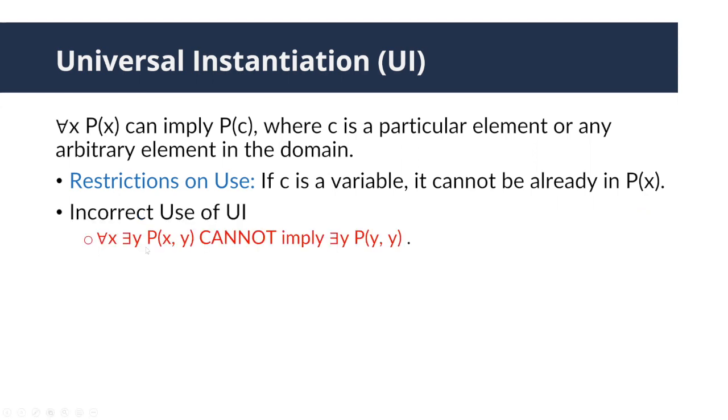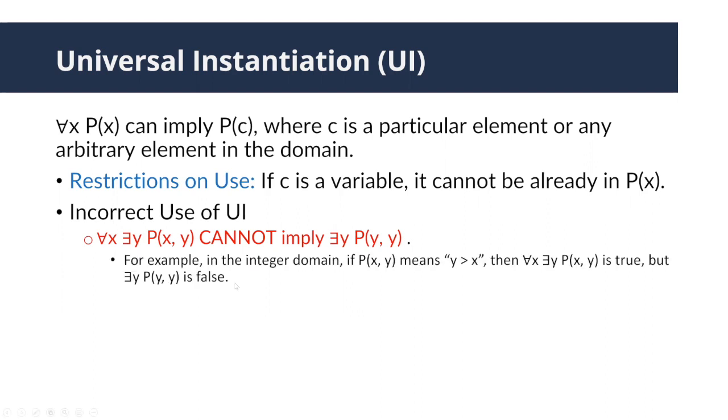For example, this cannot imply this side. Why is that? Let's use one particular example to show that. For example, if the domain is the integer domain, let's use P(x,y) to denote y is greater than x. Then we know that this one is true, because what this says is for any integer x, there exists an integer y such that y is greater than x.